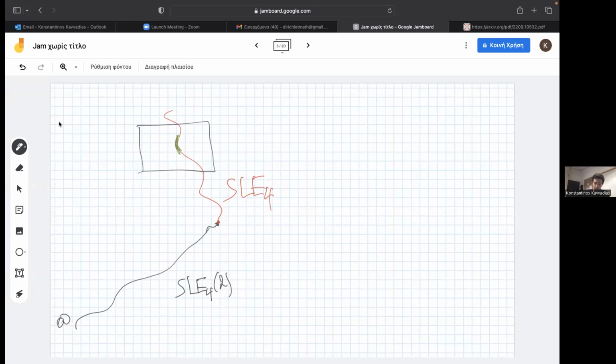Then we conformally map that picture in the upper half plane. So here we have our annulus, and we have the corresponding curve here. So here the point is that this crossing here, the first crossing of the image of that picture on the left side, will be absolutely continuous with respect to the corresponding first crossing of an SLE4.